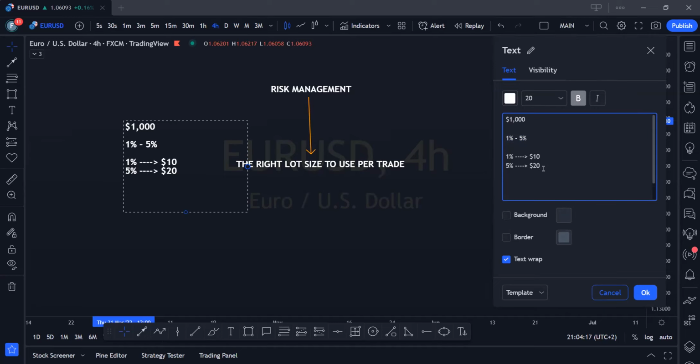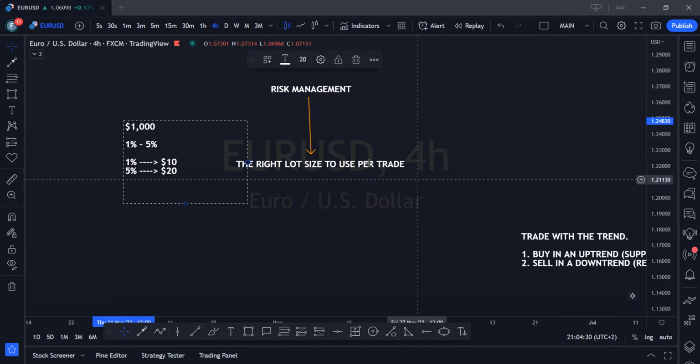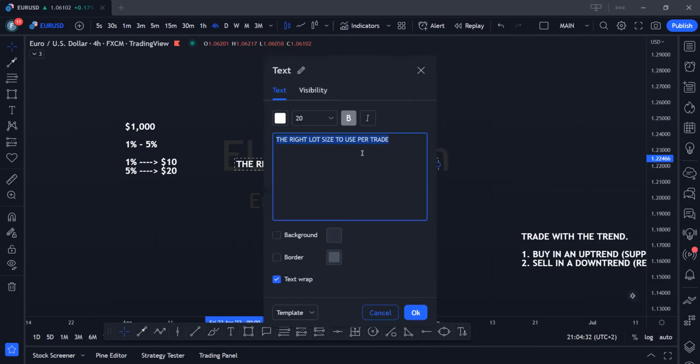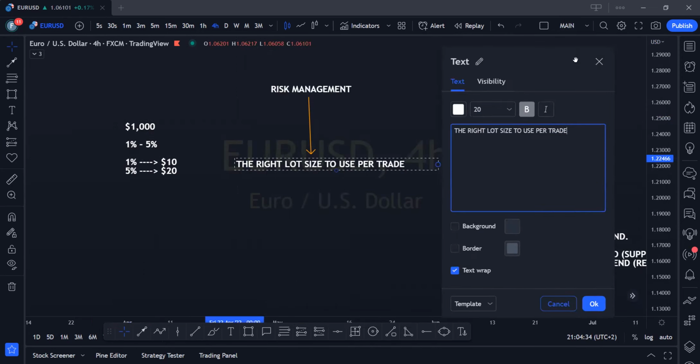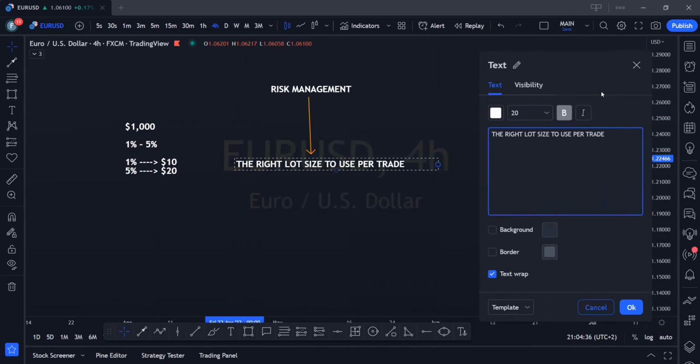We are going to be using a tool called the position size calculator.